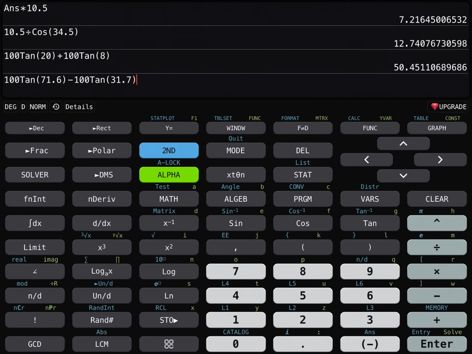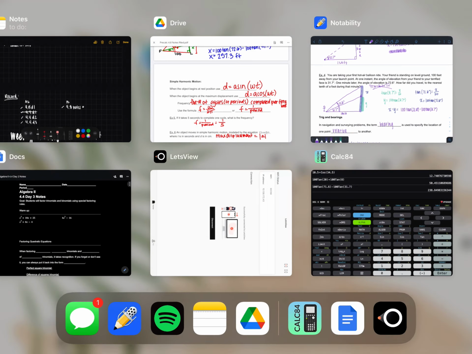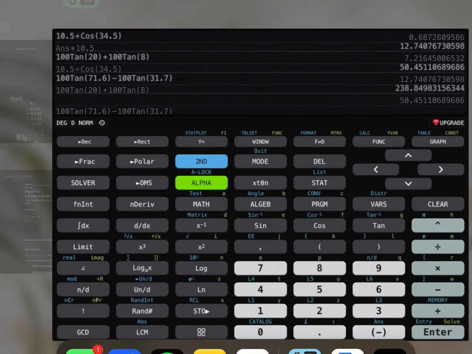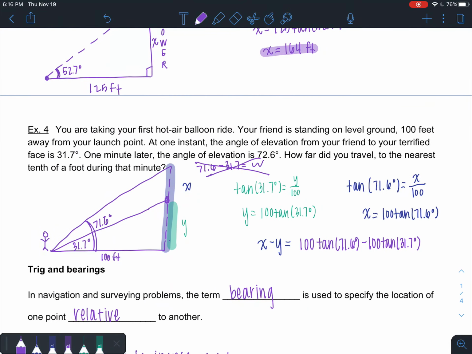And we get 238.8. And it does tell us to round to the nearest tenth of a foot. So that is 238.8 feet.